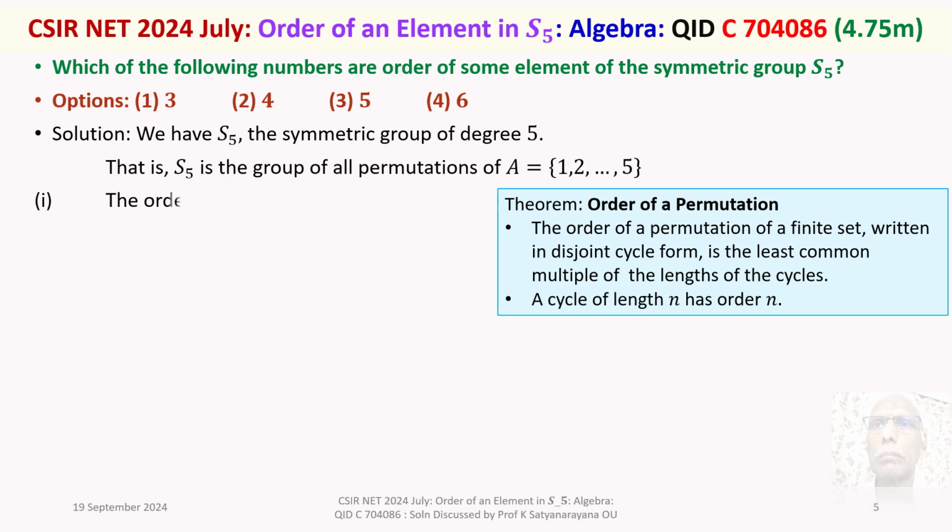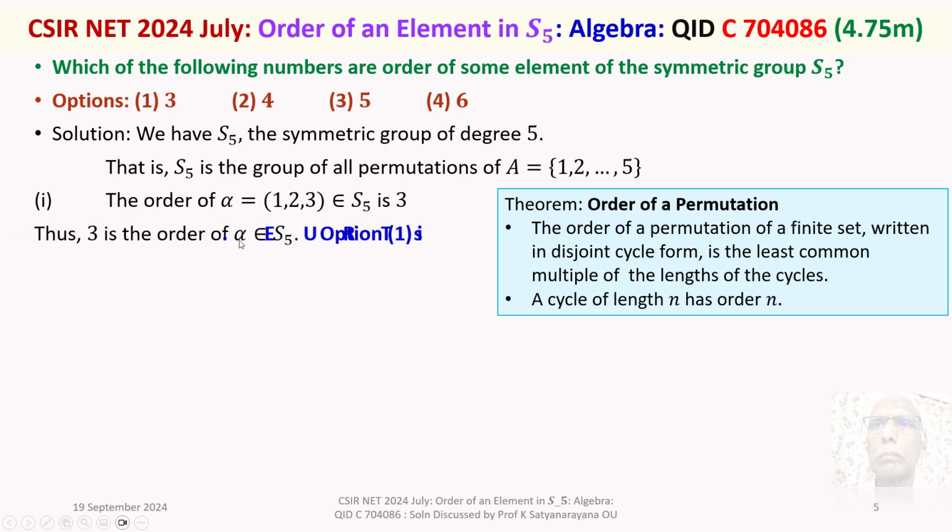It is a cycle of length 3 and belongs to S5. Therefore, its order is 3. Thus, option 1 is true.